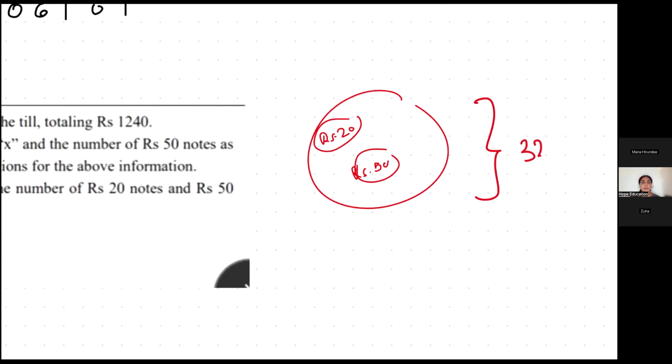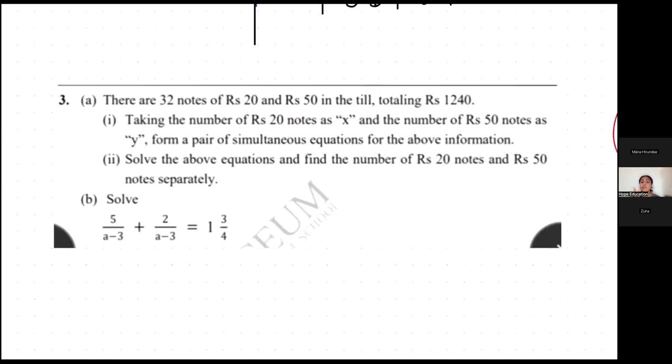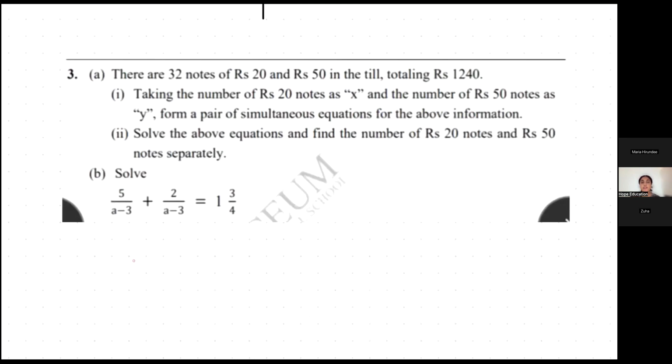The number of 20 rupee notes is x. The number of 50 rupee notes is y. How many total notes are there in this till? 32. So that means x plus y is 32.